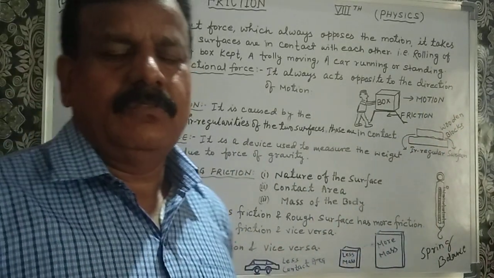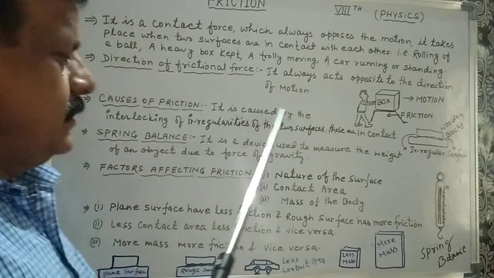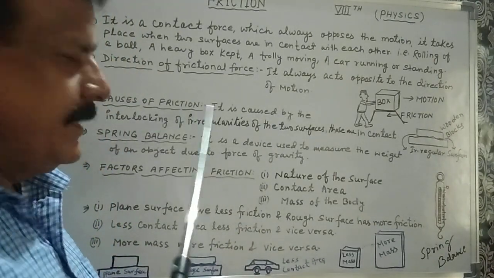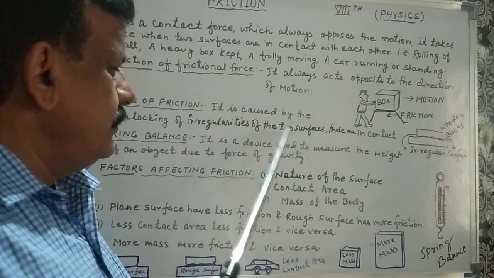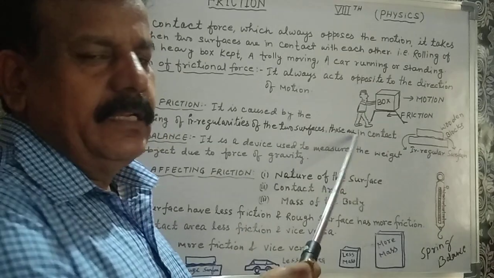Causes of friction. What are the causes of friction? It is caused by the interlocking of irregularities of the two surfaces that are in contact.